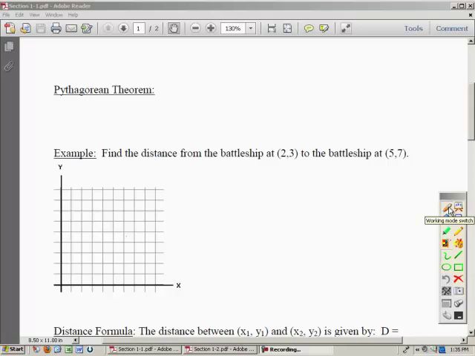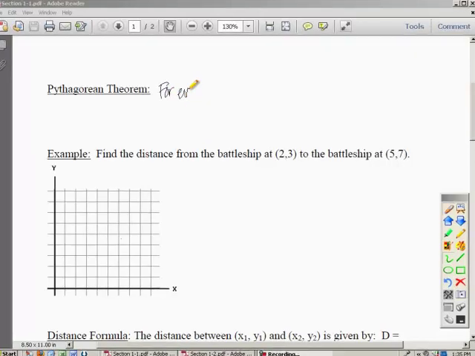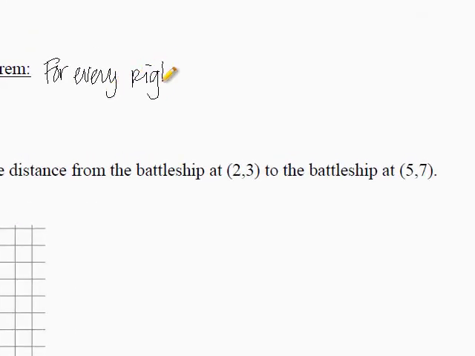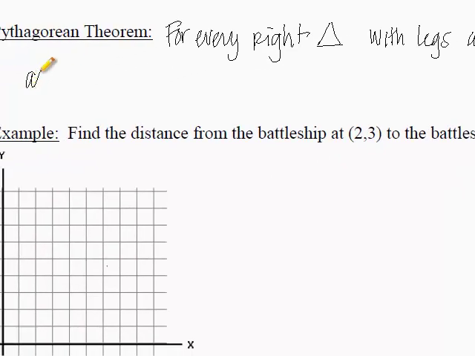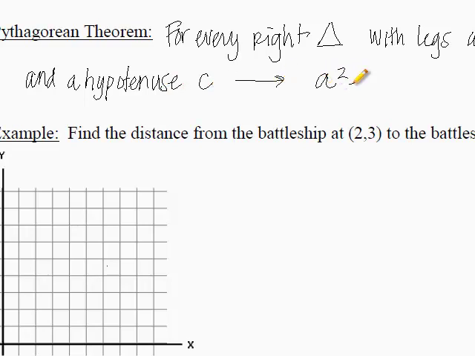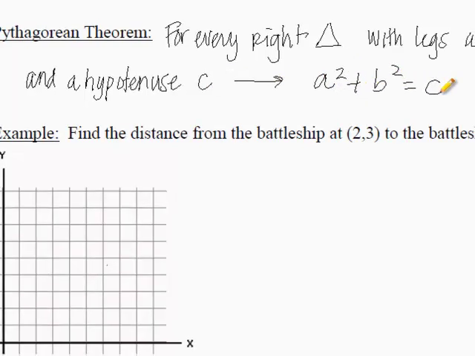Pythagorean theorem basically says for every right triangle, a right triangle being a triangle that has a 90-degree angle, for every right triangle with legs A and B, and legs are the shorter two sides, and a hypotenuse of C, labeled the same way it was in geometry, hypotenuse being the longest side, then we know that A squared plus B squared equals C squared.